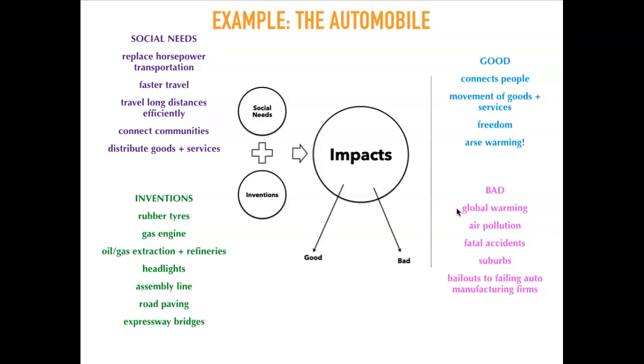And we are now seeing its impact in all sorts of really unfortunate ways. So certainly that was not an intended consequence of the development of the vehicle, but it is certainly a consequence of it.